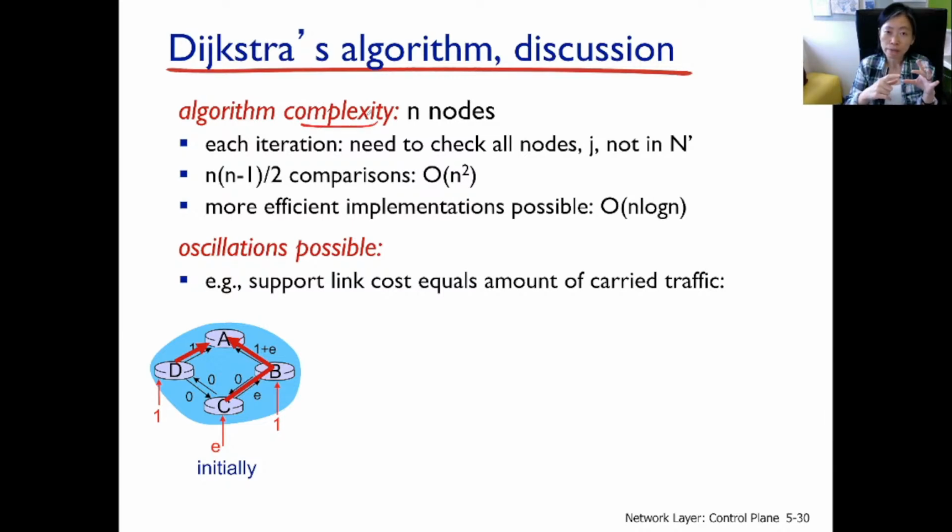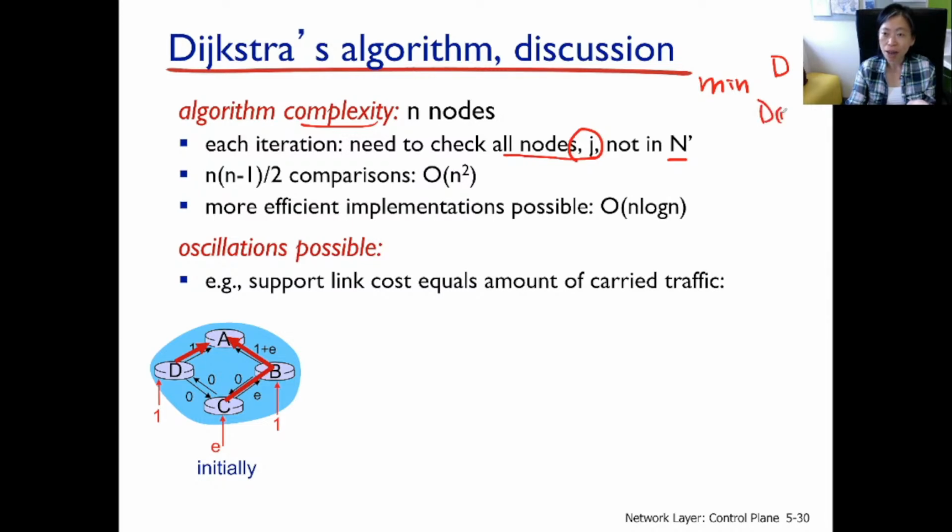Within the looping phase, in each iteration, which of the steps is taking the most time? The second step. Inside the second step, we check all nodes J adjacent to the node we just added into N prime. And inside each iteration of the inner for loop, what we do is the min operation, which compares the value of the current shortest path to the newly discovered path.